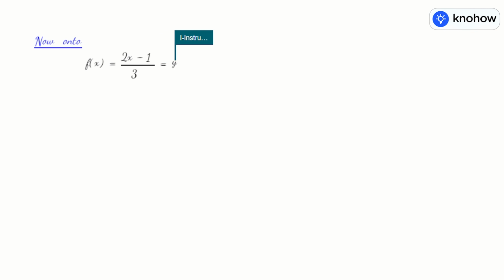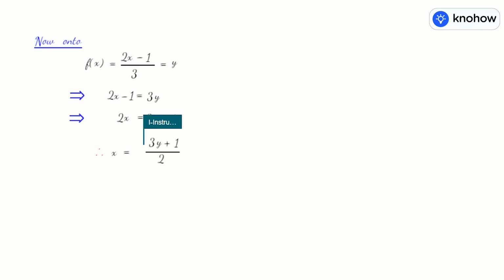Let me denote y, that y is an element in the range. From here you get the value of x, that we get this y, whether there is a corresponding element in the domain or not. So 2x minus 1 equal to 3y, 2x is equal to 3y plus 1, or x is equal to (3y plus 1) by 2.